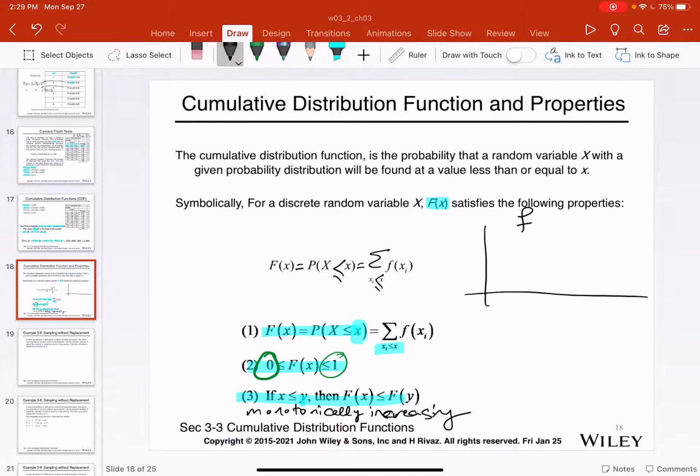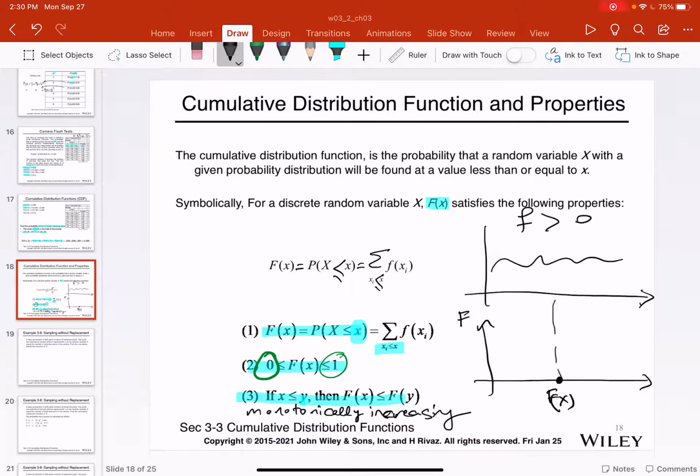So this is f, right? And for every x, I know that f of x is more than 0. This new plot is capital F. F of this x is the summation of the PDF up to this point, and F of this y, which is bigger, is the summation up to this point.